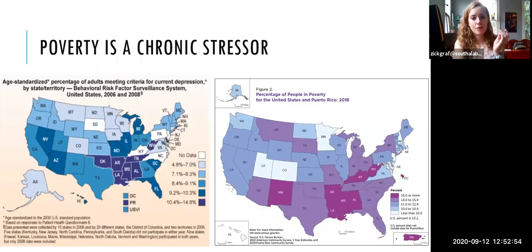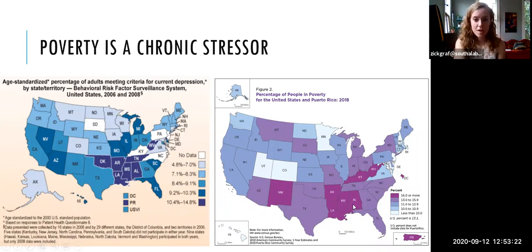I just want to highlight one important chronic stressor in the US, and that's poverty. So these are just CDC maps of the states with the highest incidence of major depressive disorder. And these data are from between 2006 and 2008, which might seem a little bit outdated. But there's a really strong overlap, especially in the Deep South, with the experience of poverty.